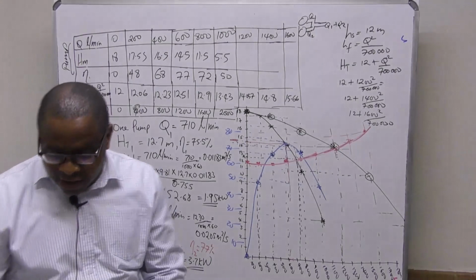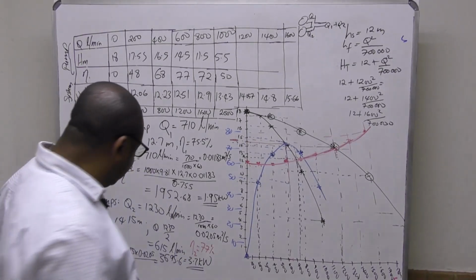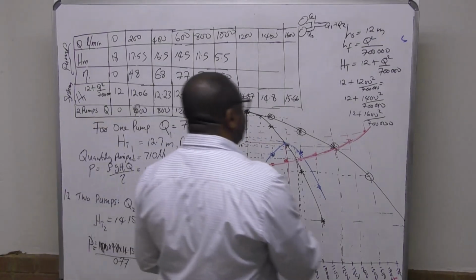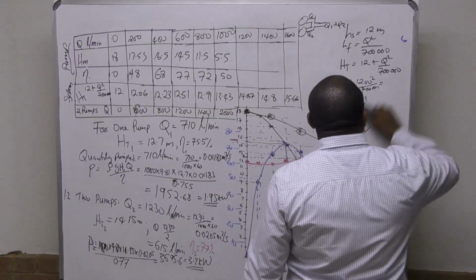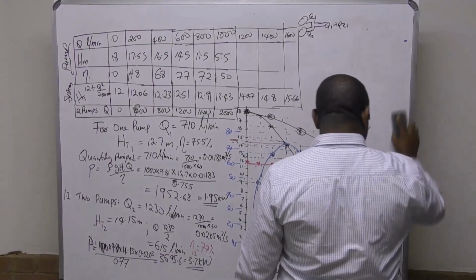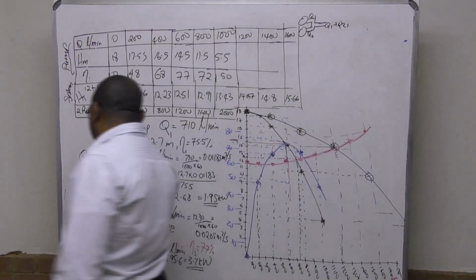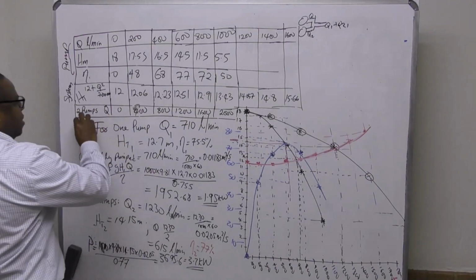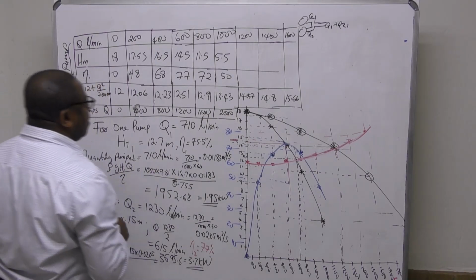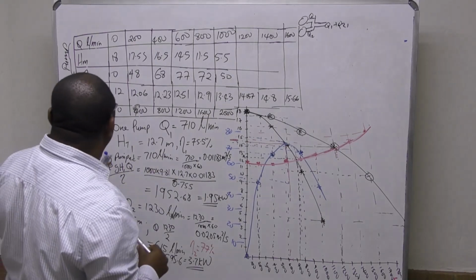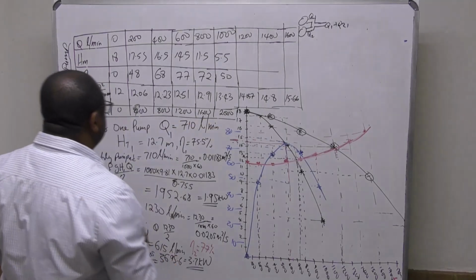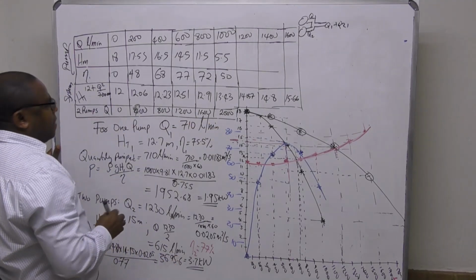Let's see the 3 pumps. Look at 3 pumps. Okay, so for 3 pumps, I just need to include the flow for 3 pumps. All right, let me just put it here.